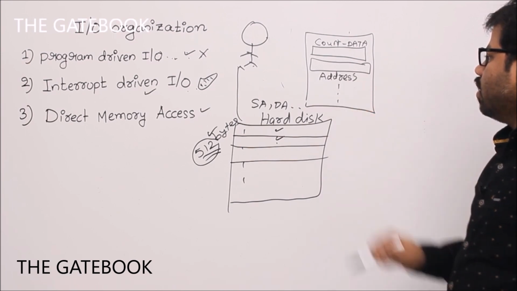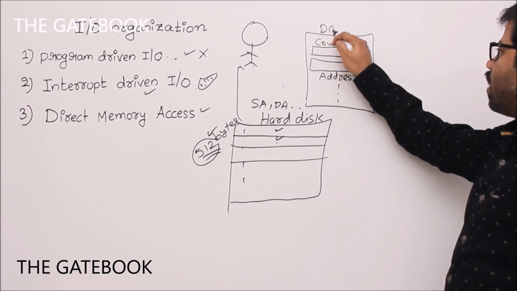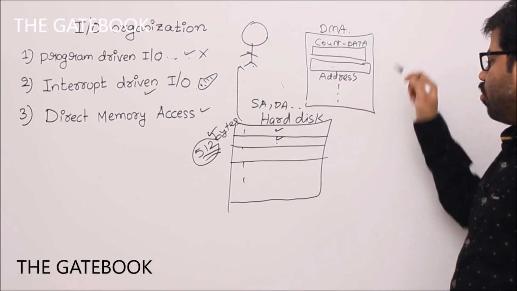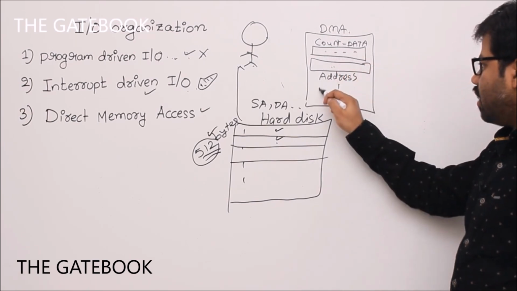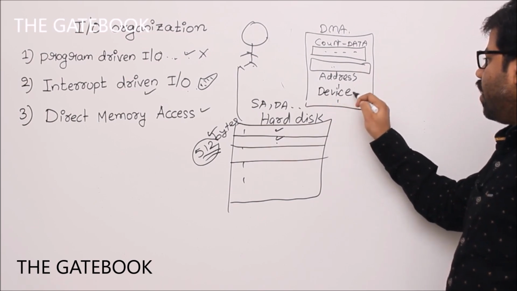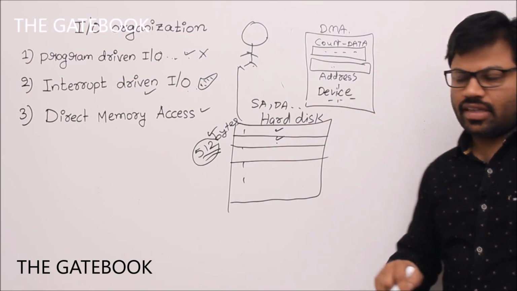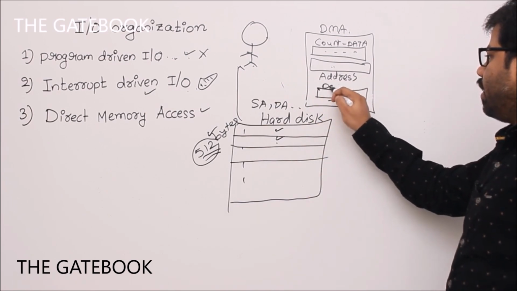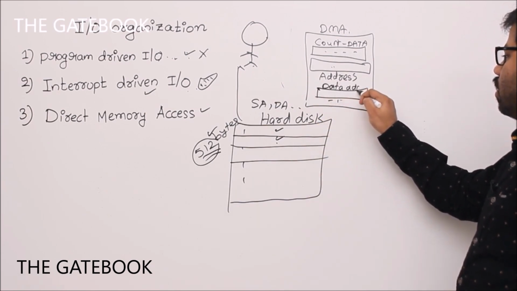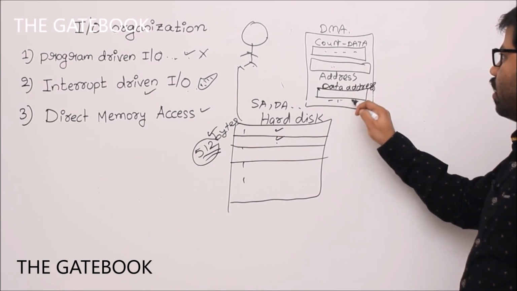These two are important. That means this DMA controller can take the address in the main memory where data is to be stored, how much data, and the device address also, that is, the data address in the device. So all these details we can store in the DMA.